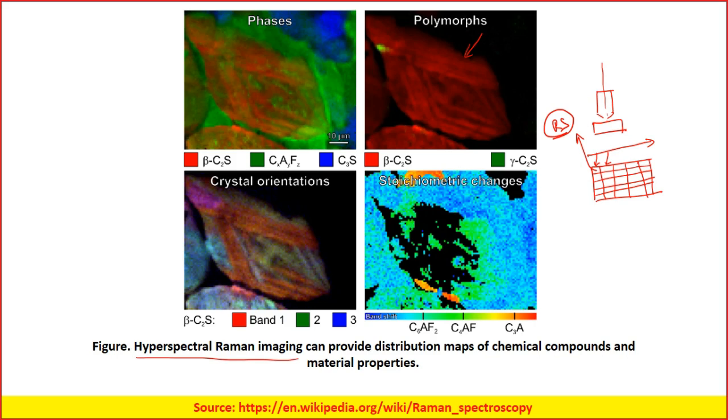Hence it is called hyperspectral. Hyperspectral Raman imaging means that at each of these locations it is calculating the spectra in a very small portion, then identifying, and telling you what type of material you have at that position, and accordingly doing the mapping.